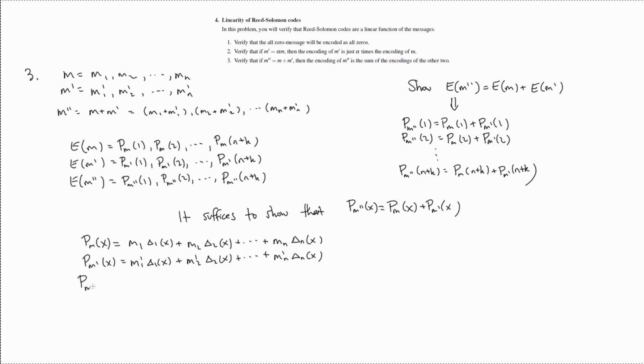And we have that p sub m double prime of x is the interpolating polynomial for the message m double prime.